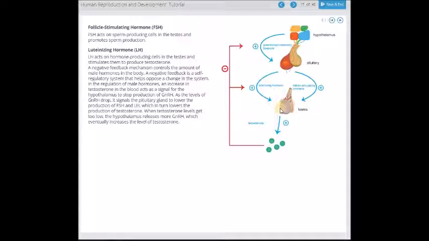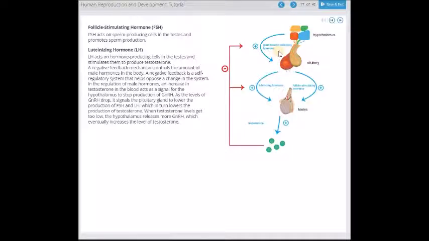So these two hormones cause this factory in the testicles to start working and things to start moving, and these two hormones are produced by the pituitary gland, which is stimulated to release them by GnRH, which only happens at puberty.